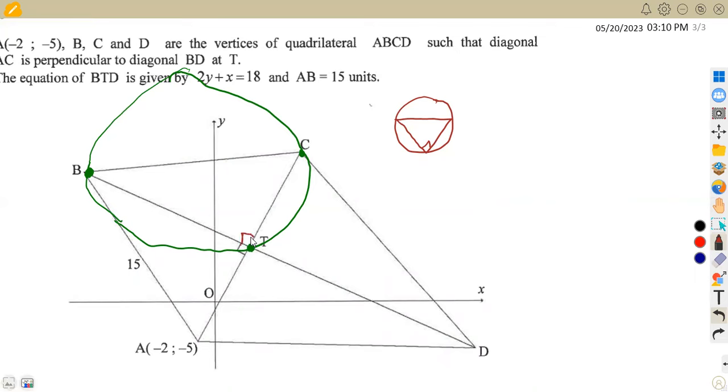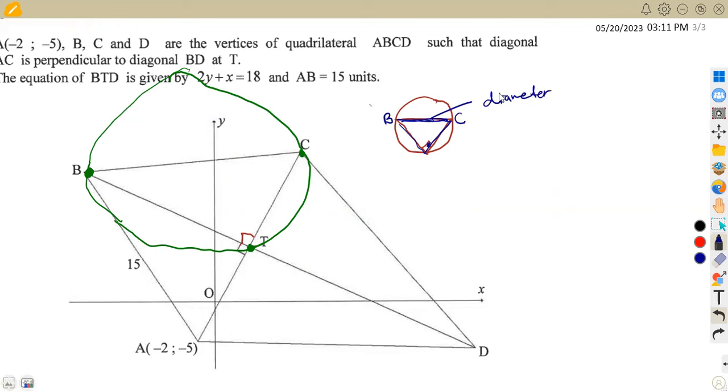There is no other way that we can have a 90 degrees at the circumference of a circle if not taken from a diameter. It's only a diameter that subtends an angle of 90 degrees at the circumference of a circle. So it automatically tells us that the line BC represents the diameter.